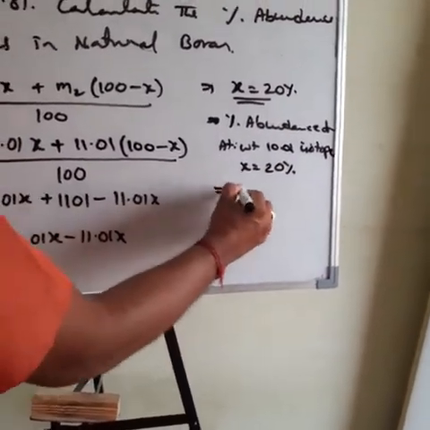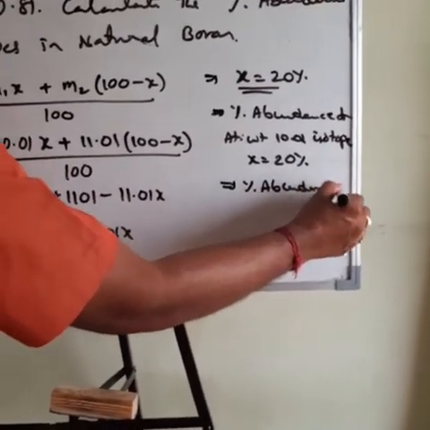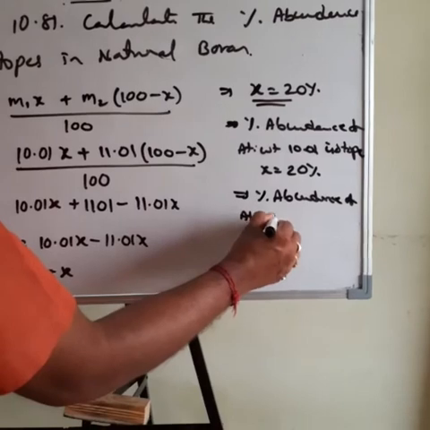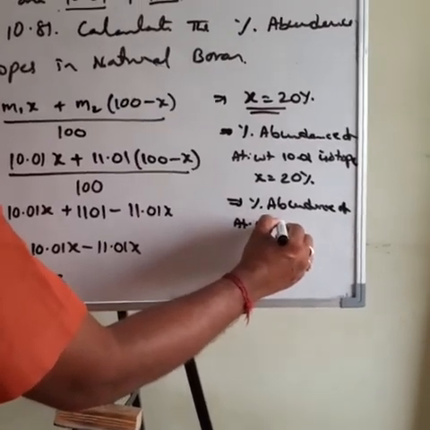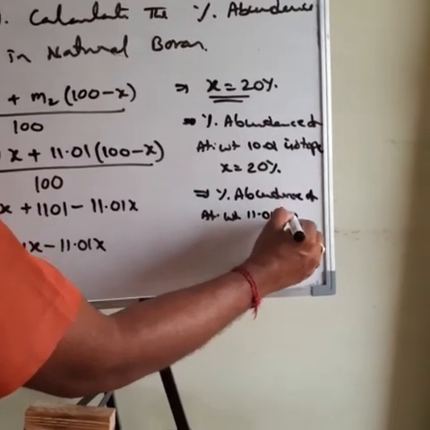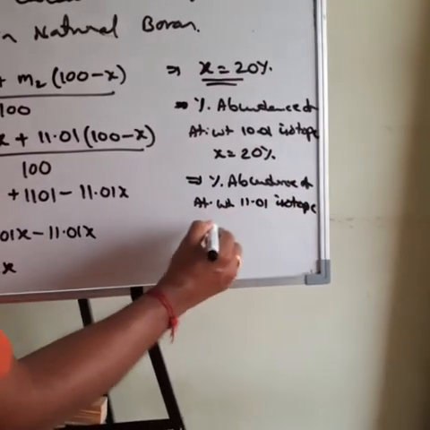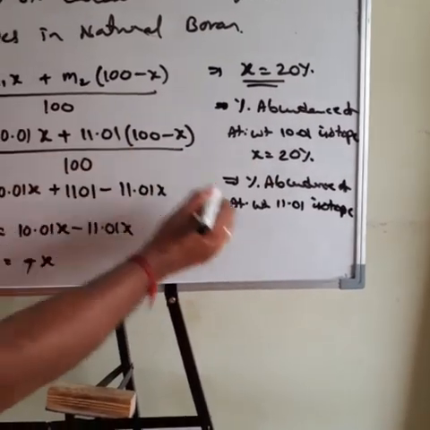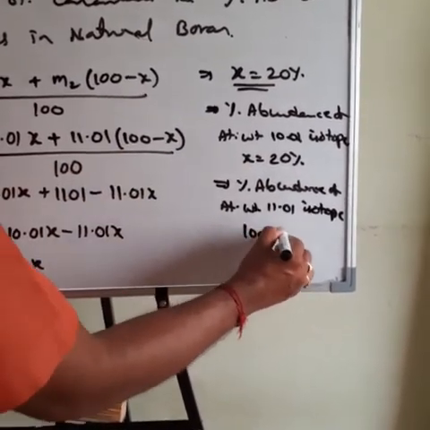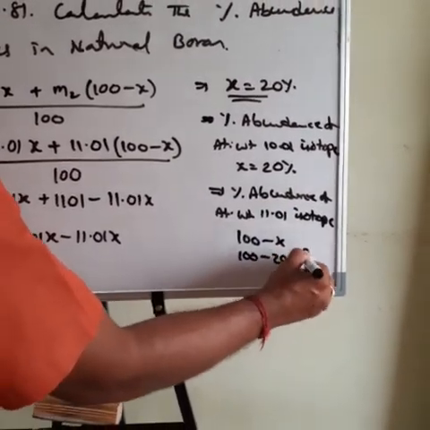Then next, the percentage abundance of the isotope having atomic weight 11.01 is 100 minus x, which means 100 minus 20, 80%.